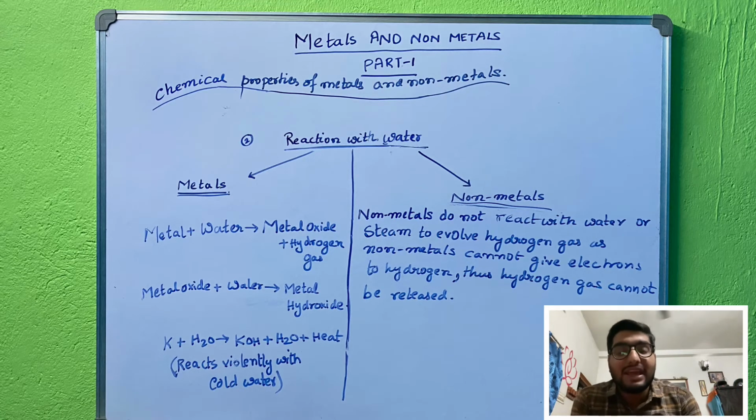What is this K? K is potassium, H2O is water, KOH is potassium hydroxide, H2 is hydrogen, and the last one is heat. Heat means it is an exothermic reaction. An exothermic reaction is a type of reaction which gives out heat. And mind it, K reacts with cold water violently.